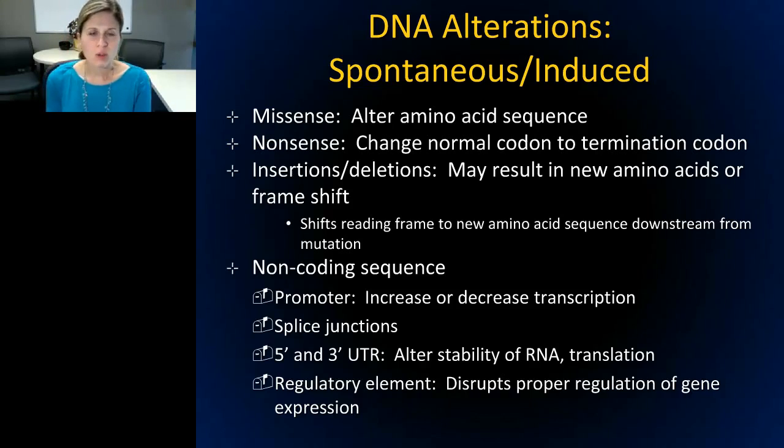But if we disrupt any of these various sequences within a gene, we can drastically decrease or increase its expression, or alter and jumble up the way that it ends up being translated in the case of some of these splice junction mutations. And in either case, it is going to change the outcome for that gene.